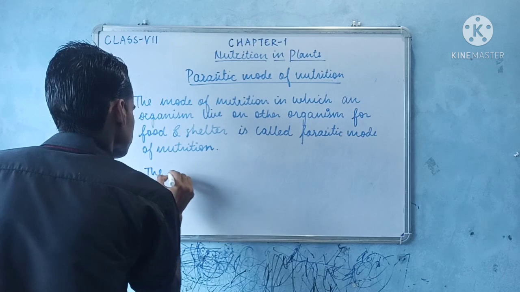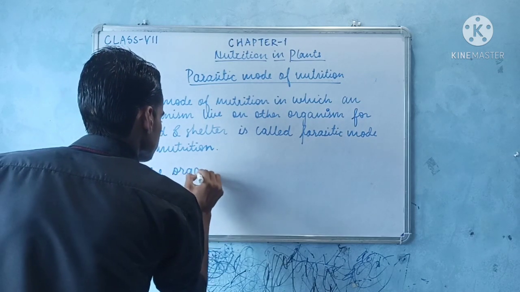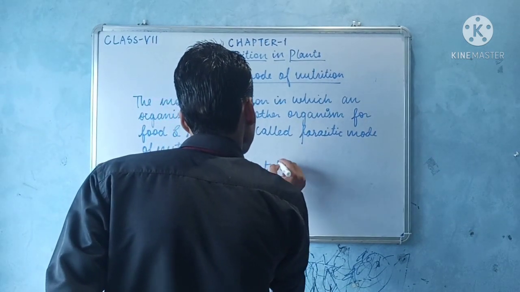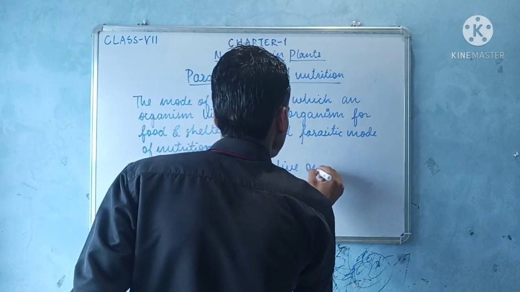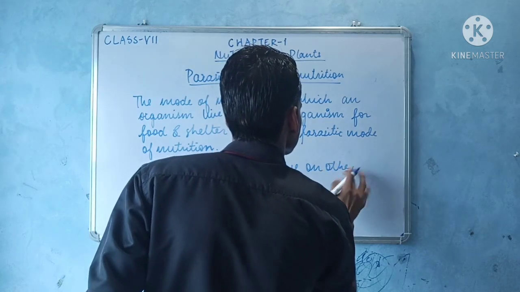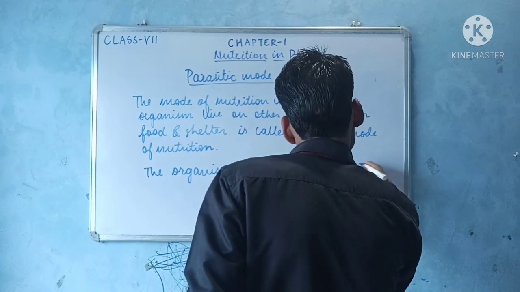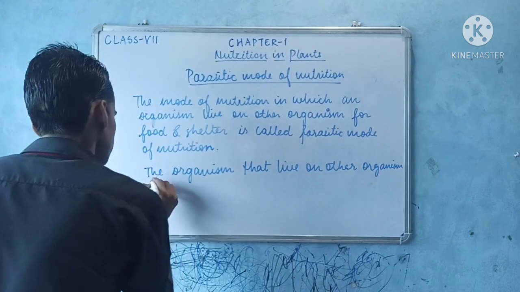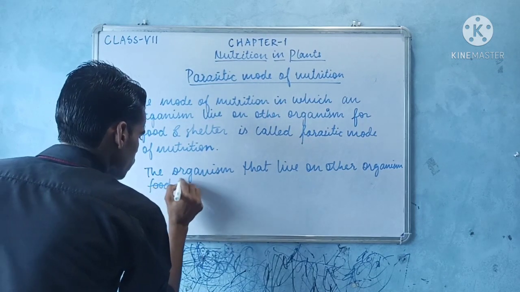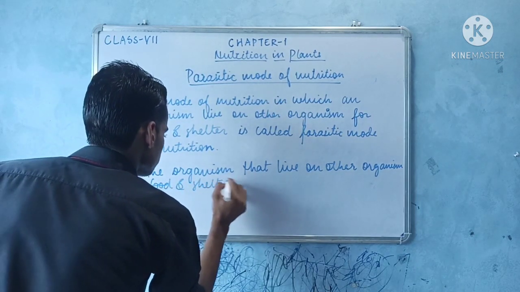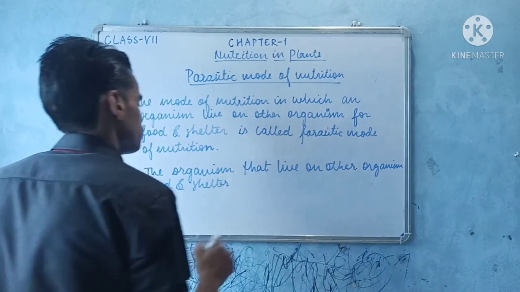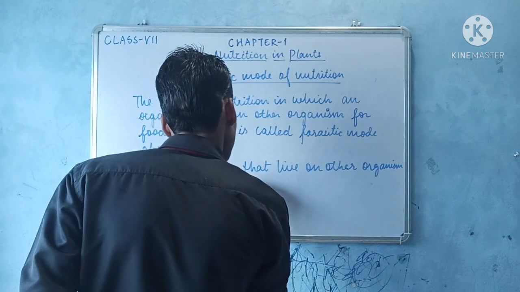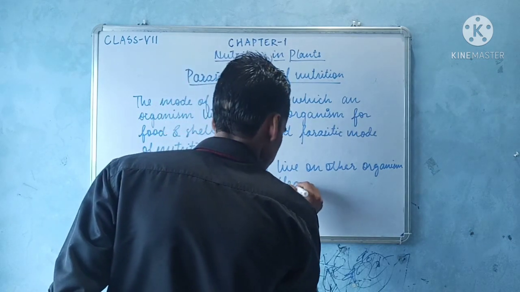The organisms that live on other organisms for food and shelter are called parasites.